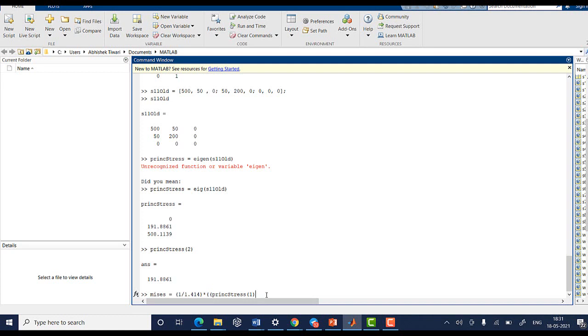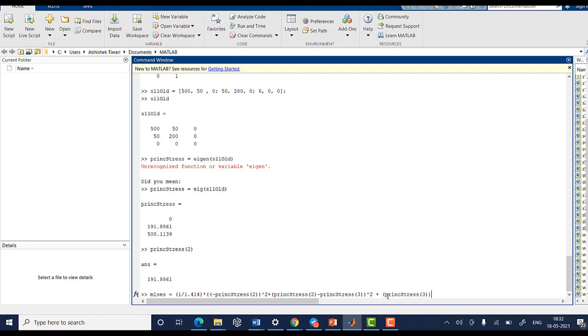So principal stress 1 is 0, so this will be simply minus principal stress 2 whole squared, and then sigma 1 minus sigma 2 is done. Then sigma 2 minus sigma 3 whole squared. Then sigma 3 minus sigma 1 will be sigma 3 only, so I'll just write sigma 3 and put a square on it.